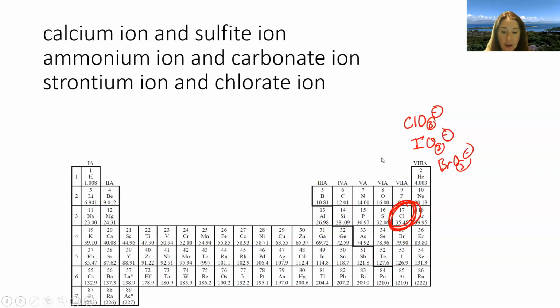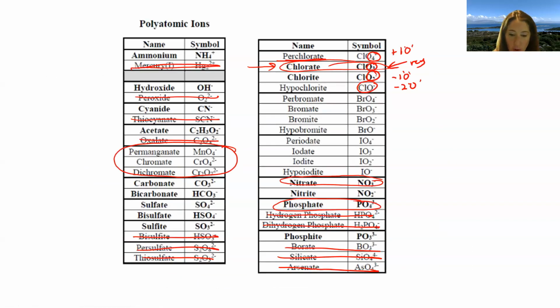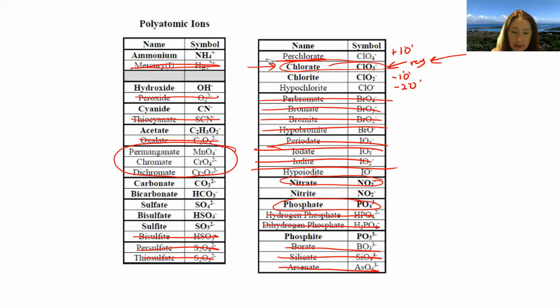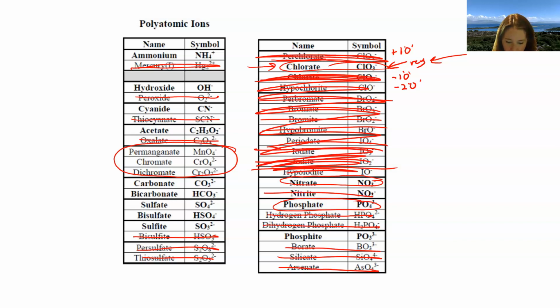Just remember chlorate. If you know chlorate, then you know all the bromates and all the iodates. You don't have to worry about those. So if you know chlorate and the sliding scale, on this side of the polyatomic ions all you need to remember is chlorate, nitrate, phosphate.